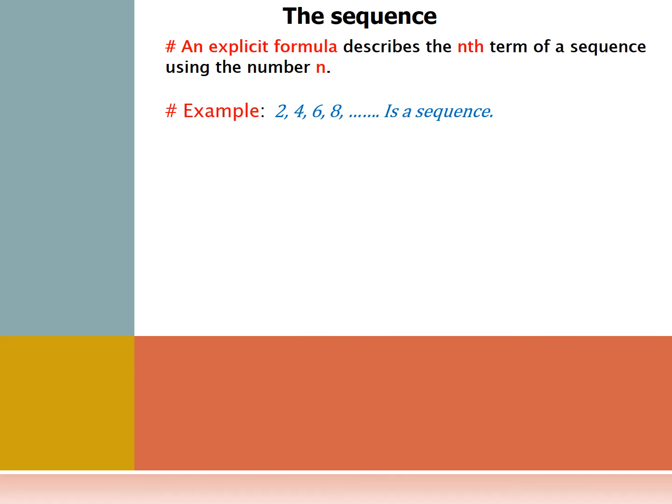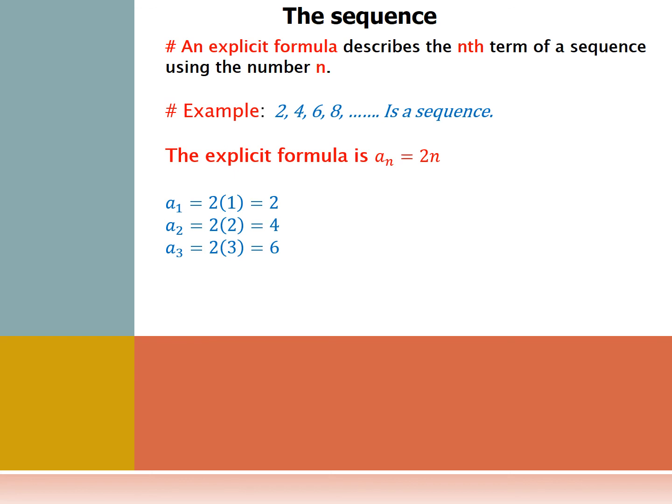For example, when we have the sequence 2, 4, 6, 8, etc., the explicit formula is an equals 2n, such that a1 comes from 2 times 1, which is equal to 2. a2, the second term, is equal to 2 times 2, which is 4. a3 is equal to 2 times 3, which is 6. a4 comes from 2 times 4, which is 8, until an is equal to 2n.